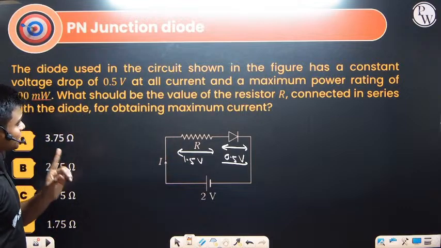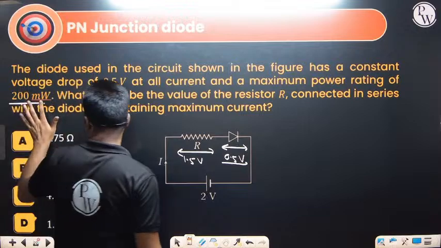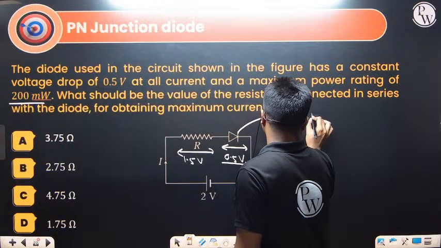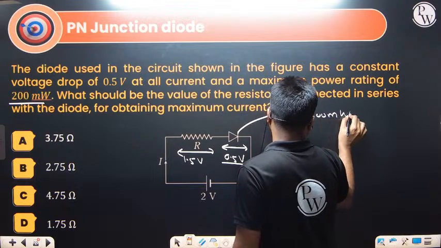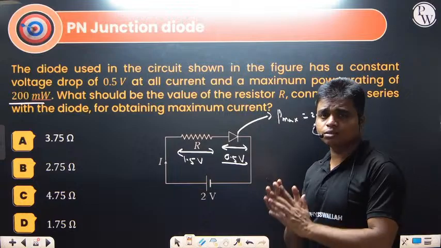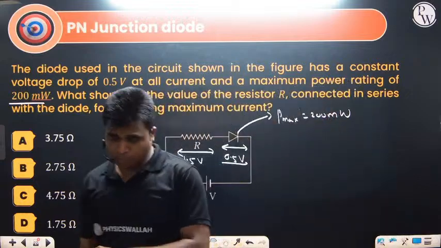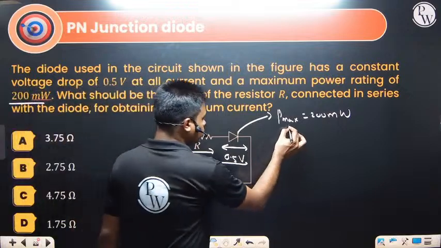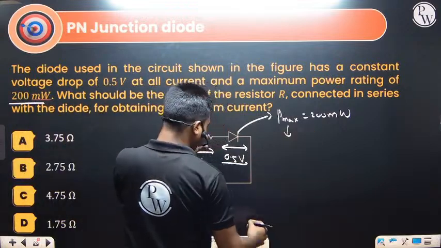What they're asking? Maximum power rating of 200 milliwatt. So this is the maximum power rating. P max is equals to 200 milliwatt. This maximum power rating means beyond this power rating, this diode will get damaged. So maximum power will also give the maximum current. What is the maximum current? We can calculate.